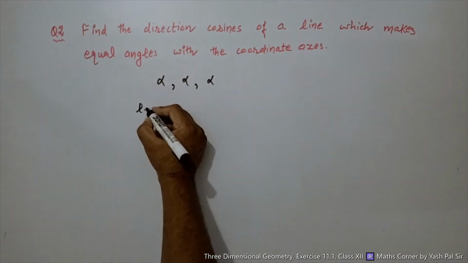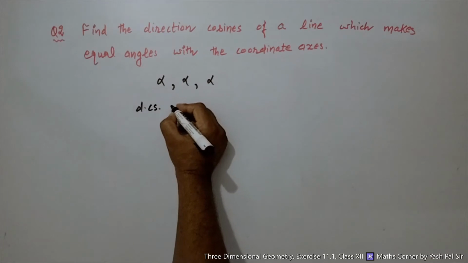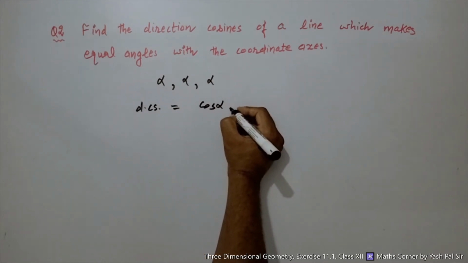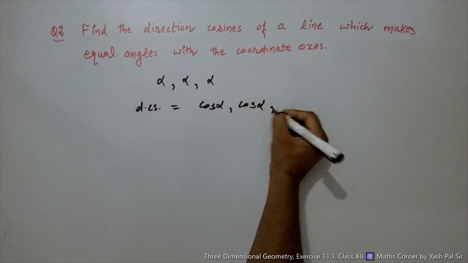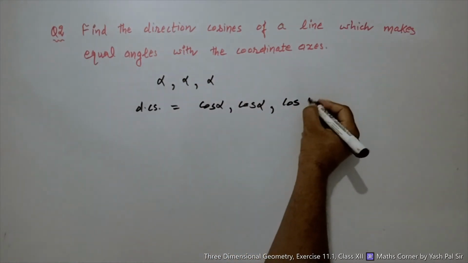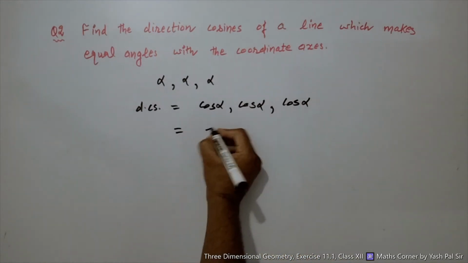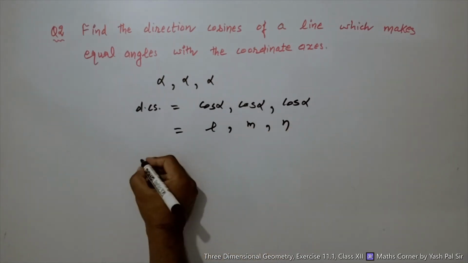So direction cosines they are cos alpha, cos beta, beta is again alpha, cos alpha, right? So this way this is equal to l, m, n.